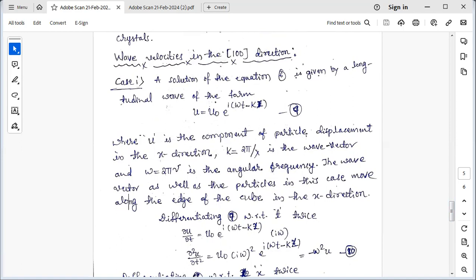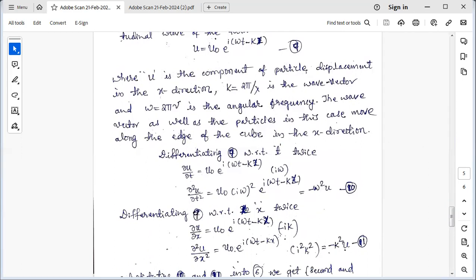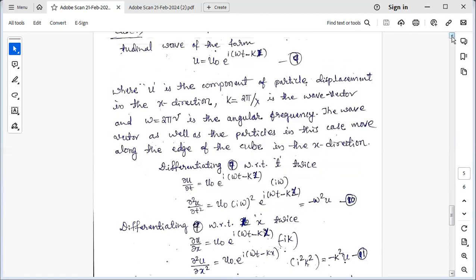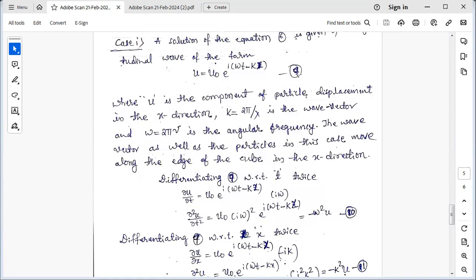U is the component of particle displacement in the x direction. This k is a wave vector having its normal meaning, and omega is equal to 2 pi nu, the angular frequency. The wave vector as well as the particles in this case move along the edge of the cube in the x direction.